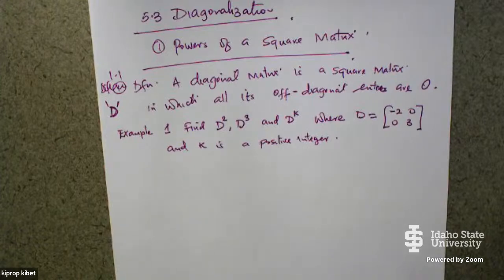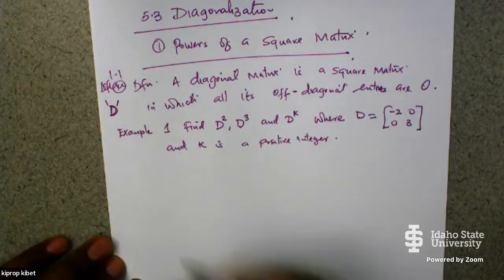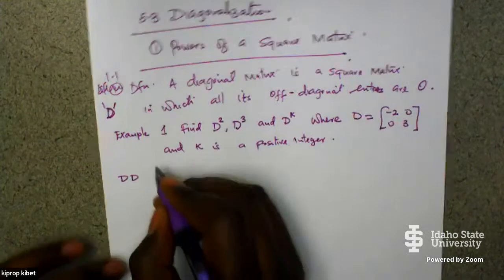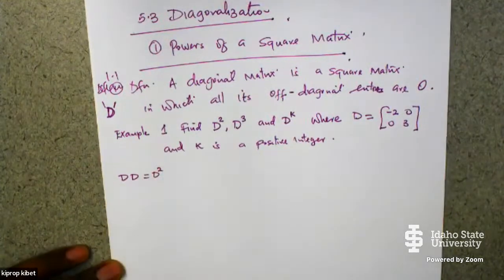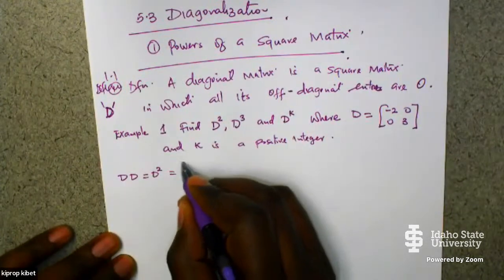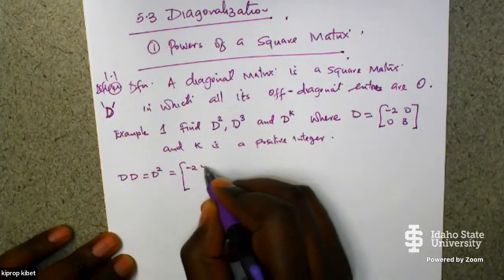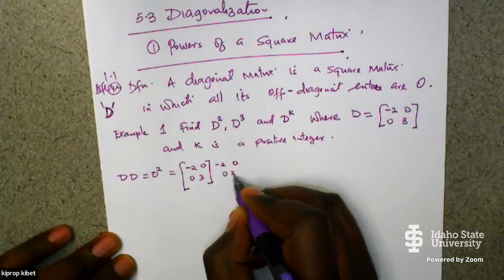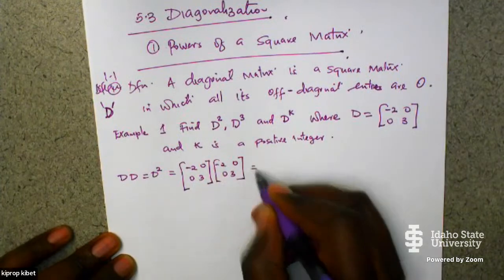Now, what happens when you square D? D times D is D squared. When you multiply the two matrices, -2, 0, 0, 3 by -2, 0, 0, 3, what do you get?